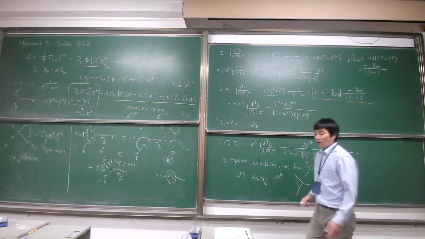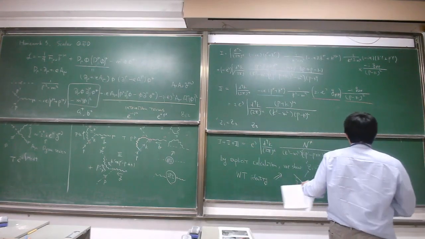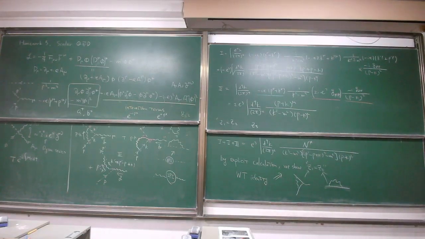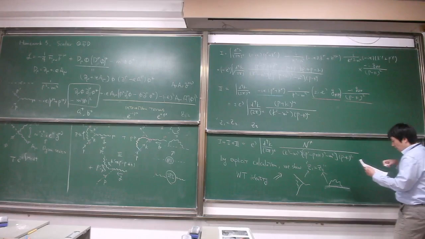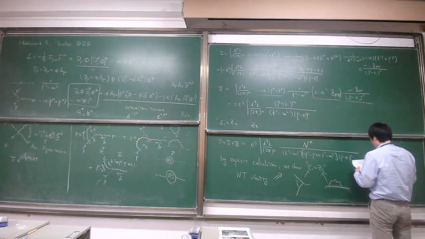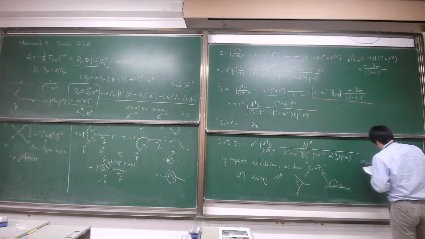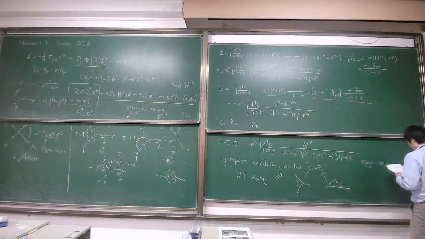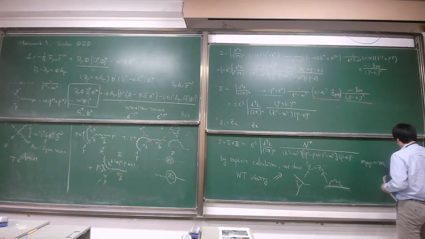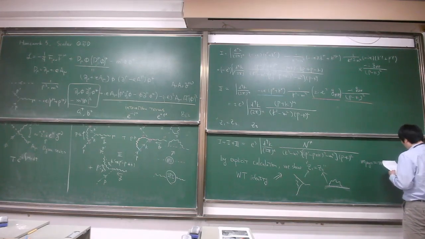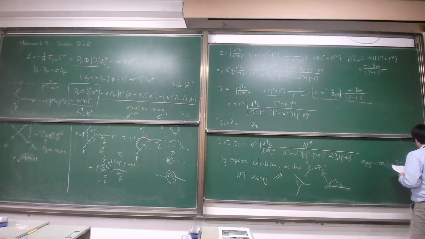And also, what we have done is that the electron mass indeed depends on the scale. So m physical is equal to m0 times 1 plus 3 alpha over 4 pi log lambda squared over m0 squared, plus order alpha squared.